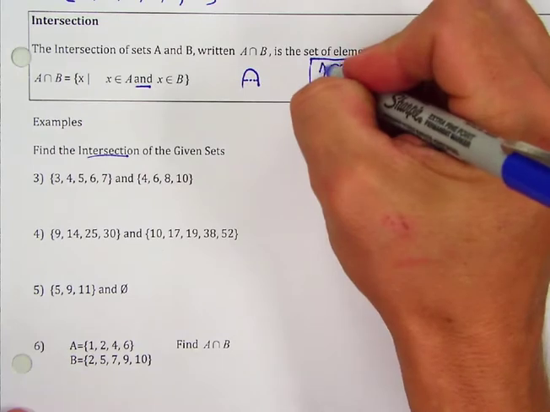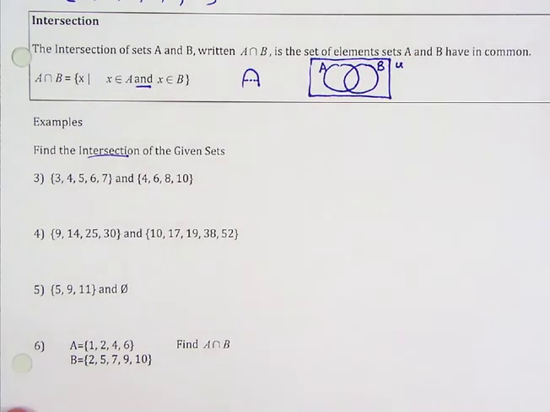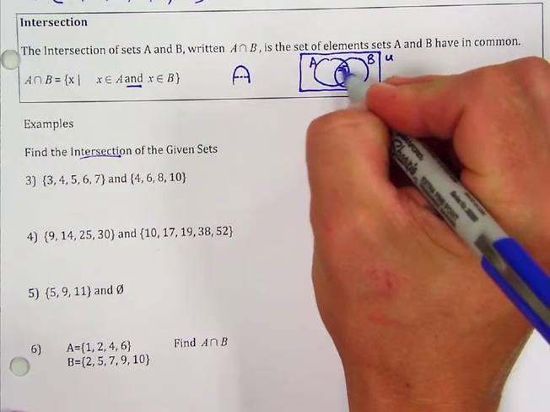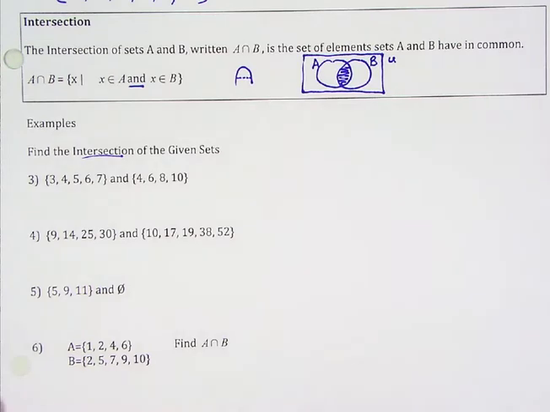Okay, so here's set A, and here's set B. And if we're looking for the intersection, we want to see what they have in common. So the place they have in common is right here in the intersection.